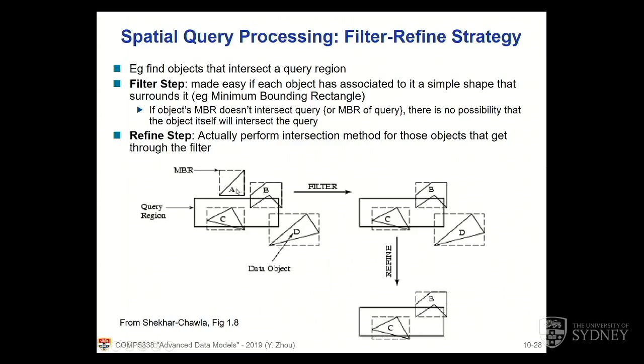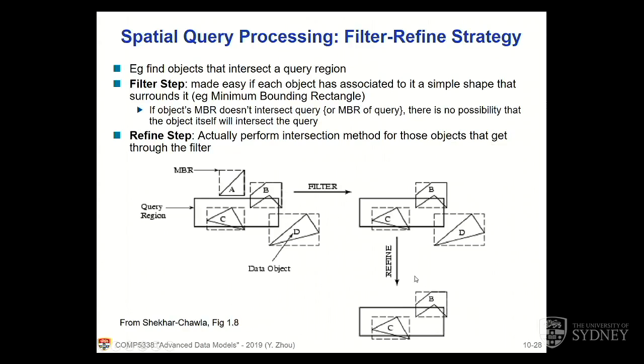Checking if 2 rectangles intersect with each other is pretty simple. Then we do a refine step, where we have to work with the actual object.